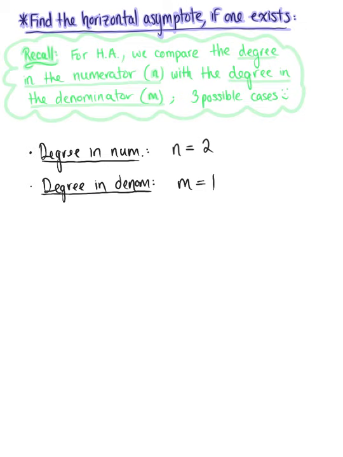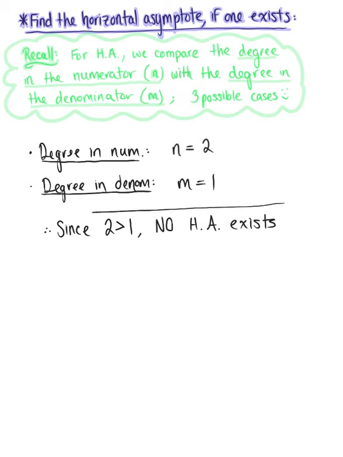So we can conclude here that therefore, since the degree in the numerator, 2, is greater than the degree in the denominator, 1, this tells us that there is no horizontal asymptote. So because the degree in the numerator is greater than the degree in the denominator, no horizontal asymptote exists.